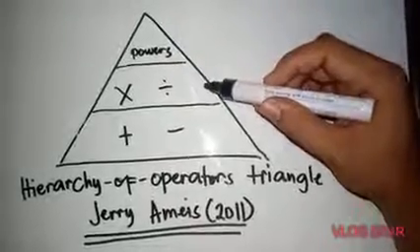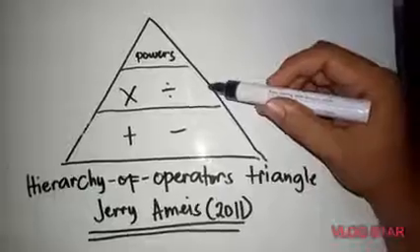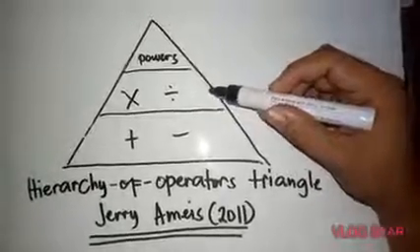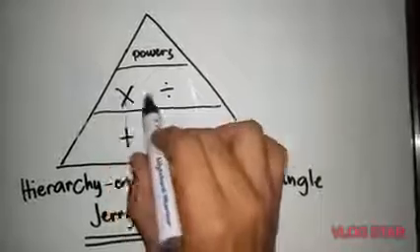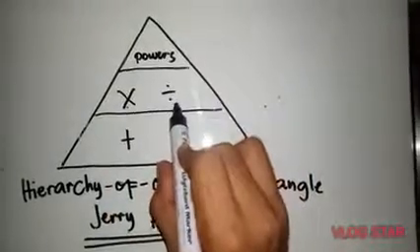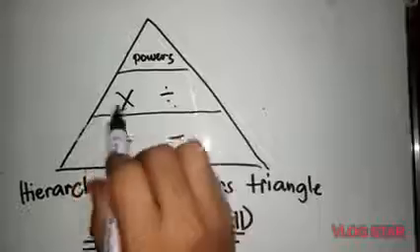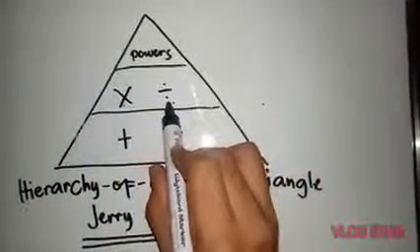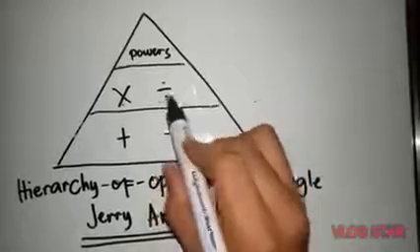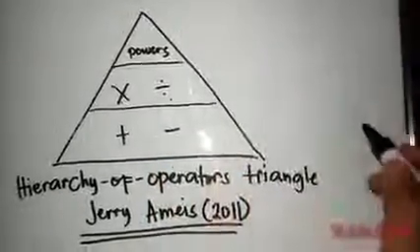The top priority is powers or exponents. So you should do first all the exponents or powers. Then the next level is multiply and divide. You can see that multiplication and division lie on the same level, because these two operations have the same level of priority.